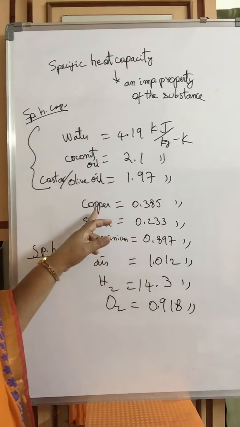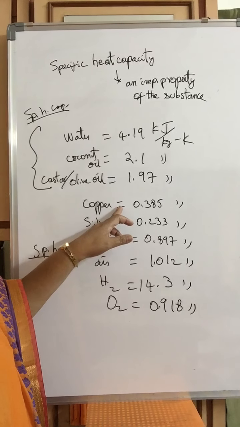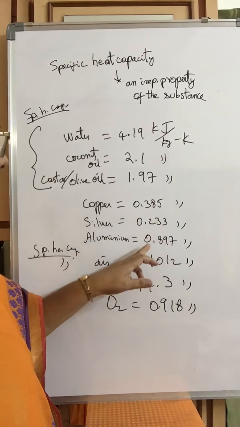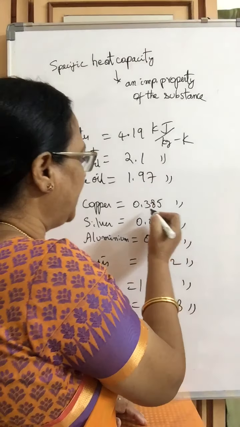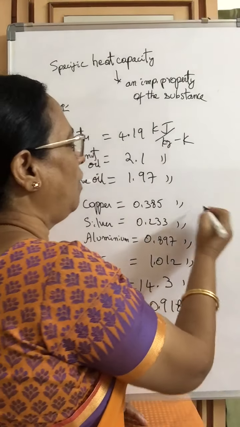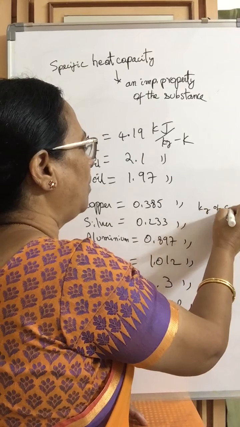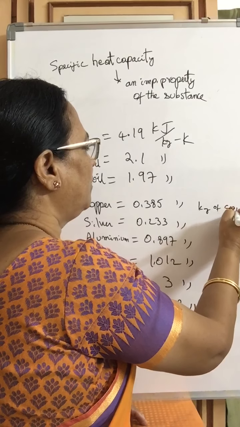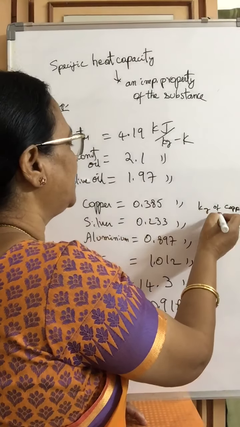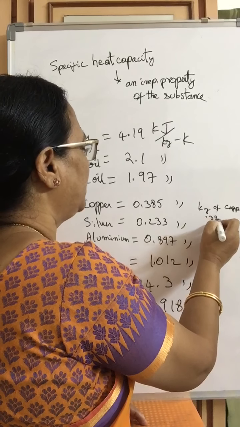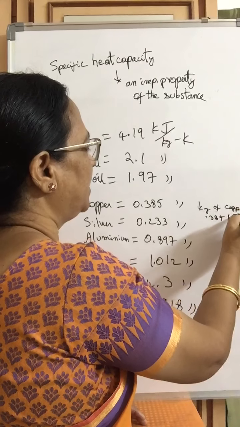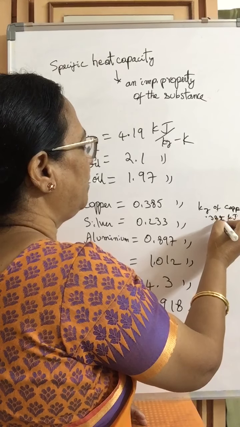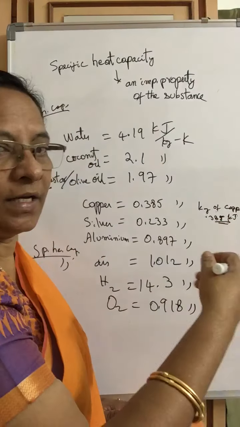For example, copper is 0.385 and aluminium is 0.897. What does it mean? To increase the temperature of 1 kg of copper by 1 degree centigrade, 0.385 kilojoules of heat is required.